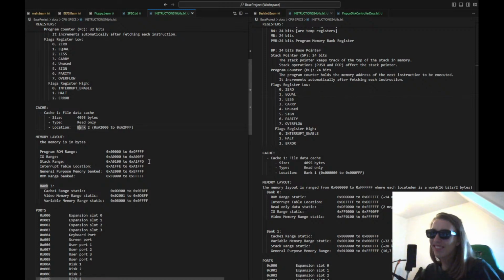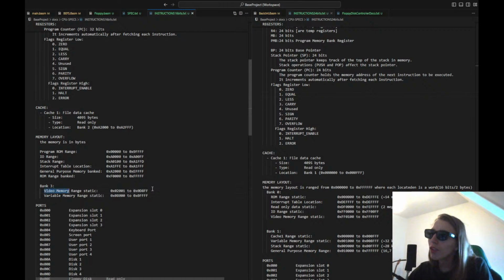Just take the first portion and do it in bank 2. I actually think there's something, yeah.